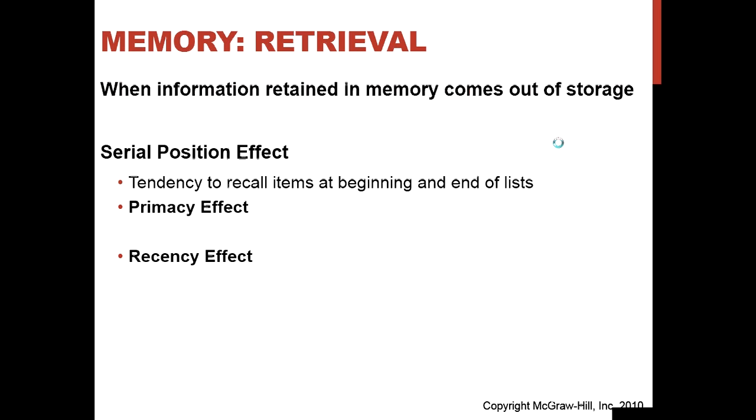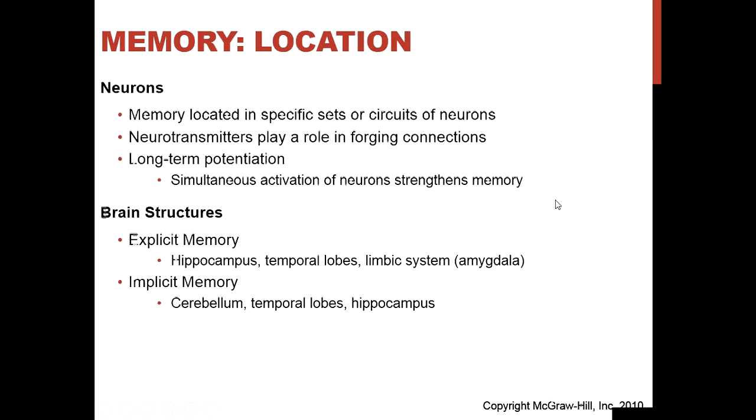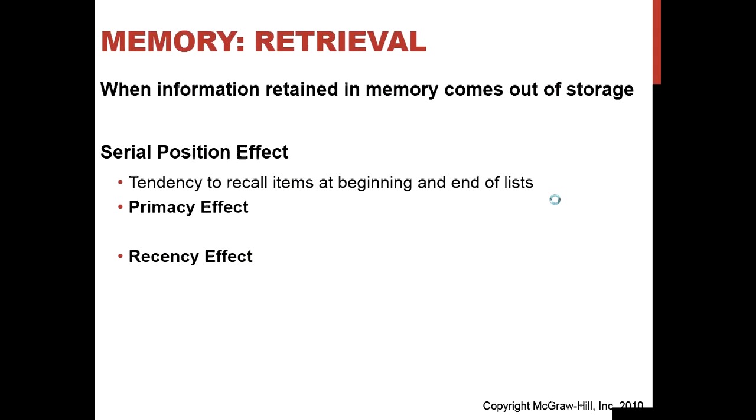Now, with the serial position effect, basically what it's saying is that we have a tendency to recall or remember items at the beginning as well as at the end of lists. Okay? Now, it seems kind of odd that we would remember the beginning and the end, but it makes a lot of sense.